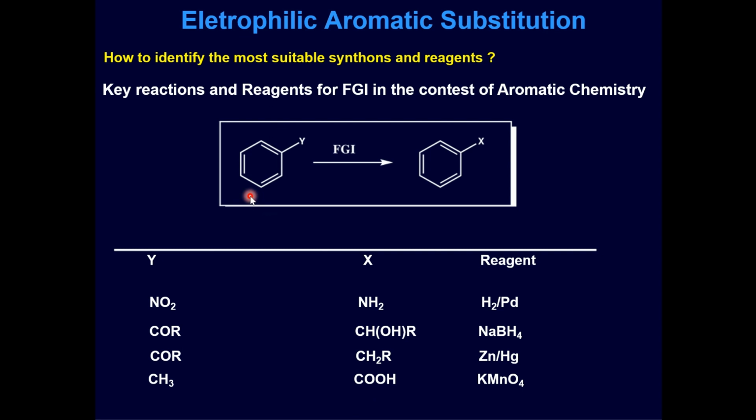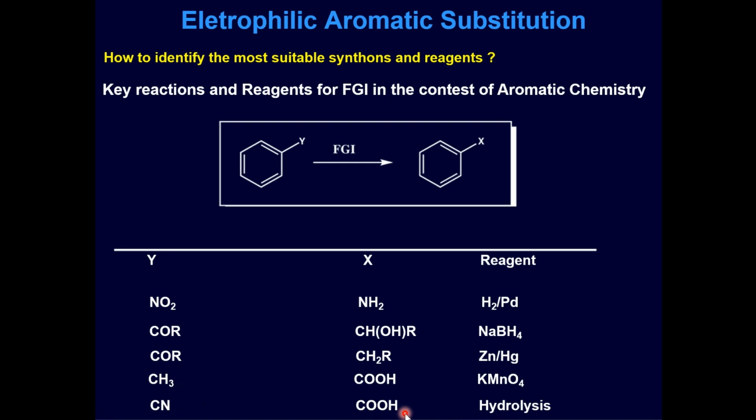That's why when it is not possible, I'll add a methyl group by Friedel-Crafts alkylation and then oxidize it to a carboxylic acid group by using potassium permanganate as an oxidizing agent. Or instead of adding a methyl group, I will add a cyanide group, and if I hydrolyze this in the presence of concentrated sulfuric acid, the cyano group gets hydrolyzed to a carboxylic acid group.